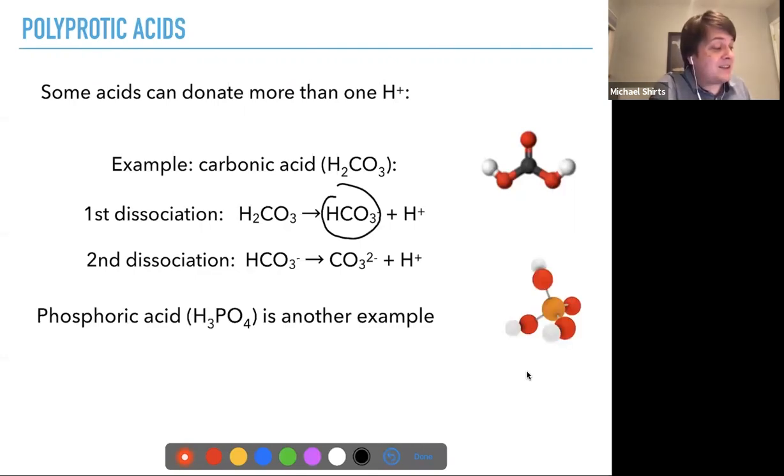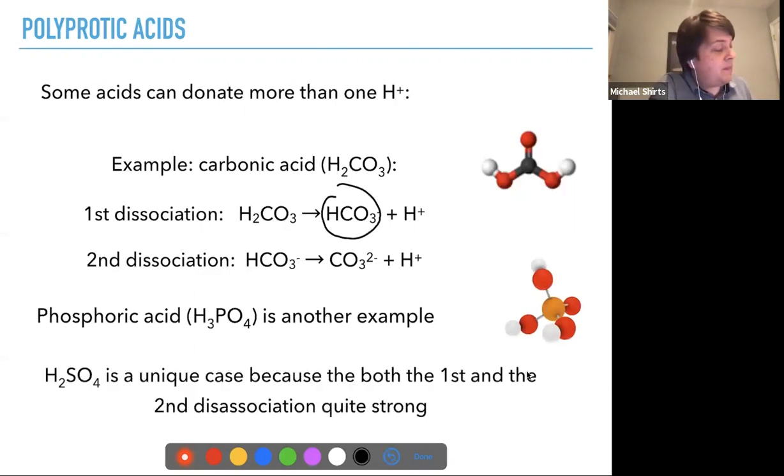Phosphoric acid is another example. It actually has 3 hydrogens that can be donated. H2SO4 is a unique case because both the first and the second dissociation are quite strong. The first one is extremely strong, and the second one kind of qualifies as a weak acid, but it's about the strongest weak acid you can get, like maybe 30% dissociates. Whereas for carbonic acid, the first one is weak-ish, and the second one is quite weak.